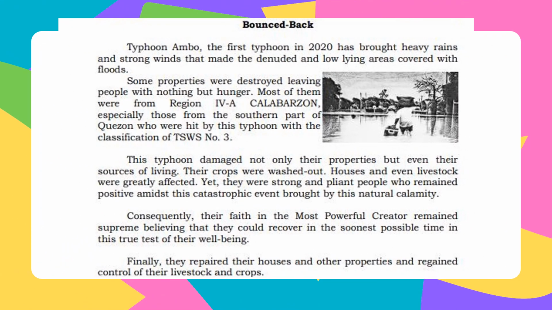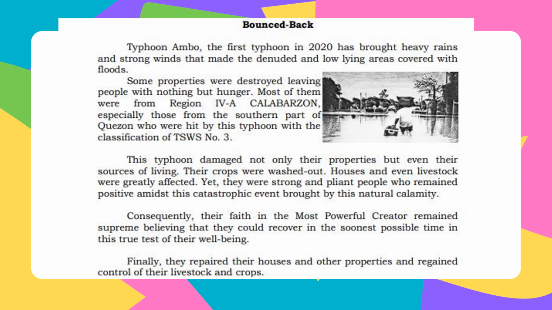Bounce back. Typhoon Nambo, the first typhoon in 2020, has brought heavy rains and strong winds that made the denuded and low-lying areas covered with floods. Some properties were destroyed, leaving people with nothing but hunger.